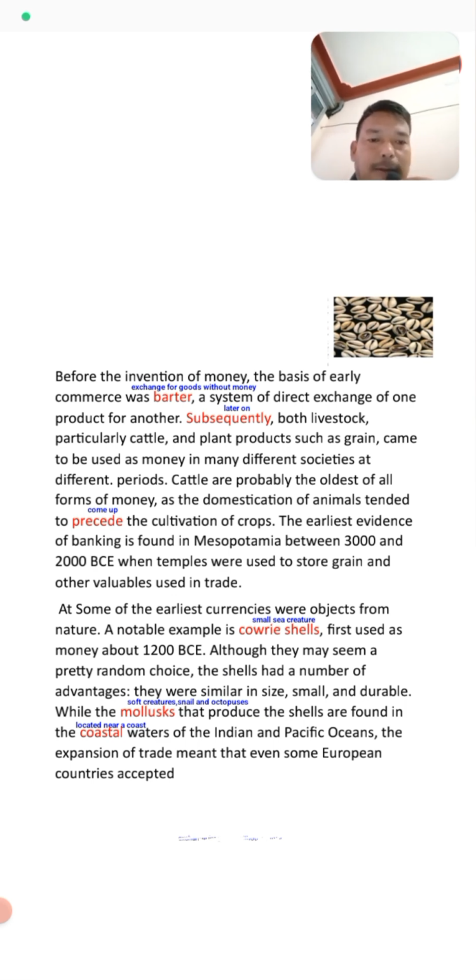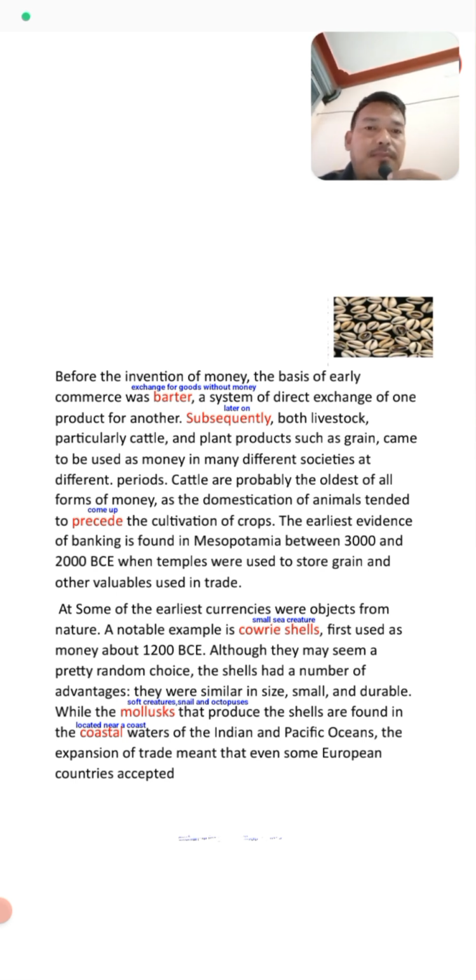In the Indian and Pacific Oceans there were shell-forming mollusks called bivalves, and due to increased trade, these shells were used as currency in some European countries.